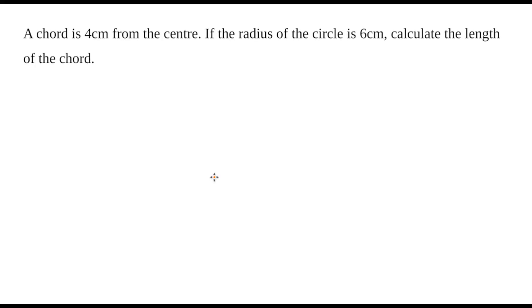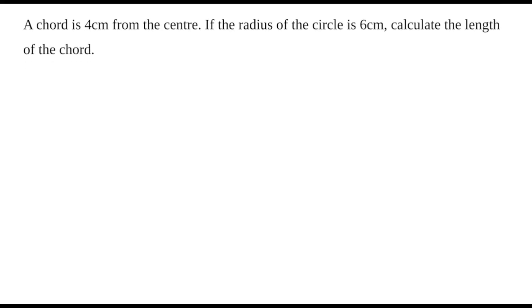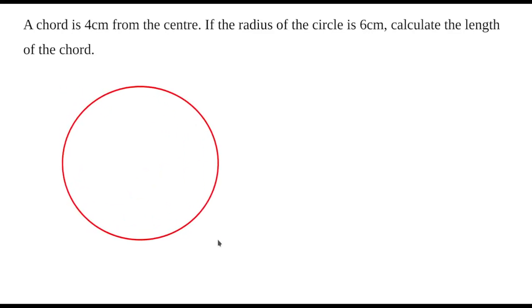Next example, a chord is 4 centimeters from the center. Now let's try to put this one in a diagram so that we can have a clear picture of what's happening. Now a chord, we have the center there. That's our center.